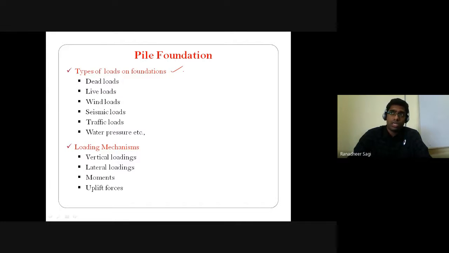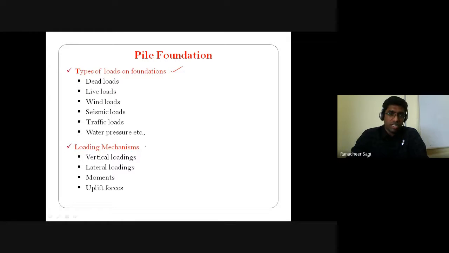Depending on the zone where the structure is being constructed, whether it falls in earthquake zone 2, 3, 4 or 5, the earthquake loading is considered. So based on the place, type of structure, and various other factors, you will take into consideration what types of loads are to be chosen and considered in the design of that particular foundation.